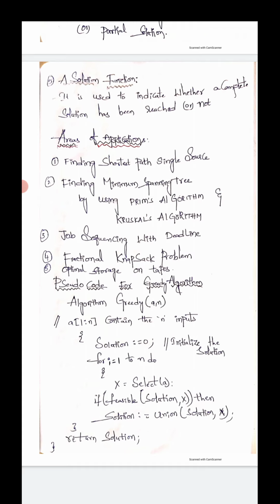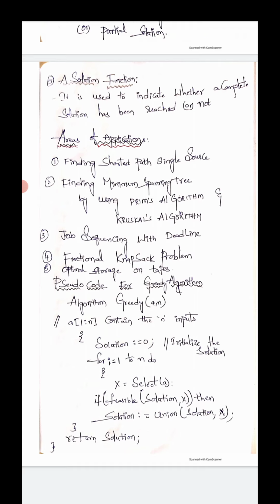The third application is job sequencing with deadline. The fourth is the fractional knapsack problem. And the fifth is optimal storage on tapes. These are the 5 applications coming under the greedy method.